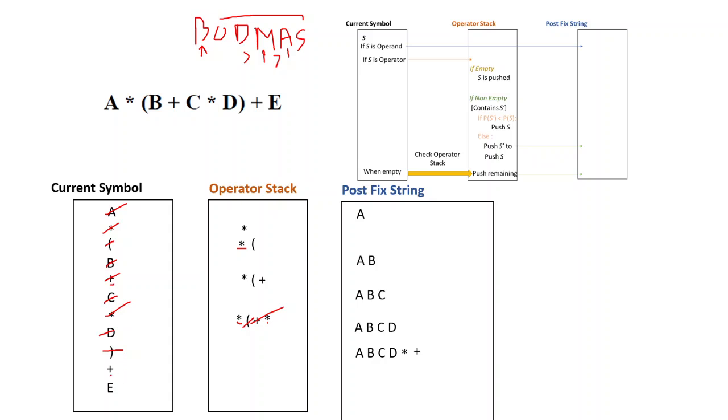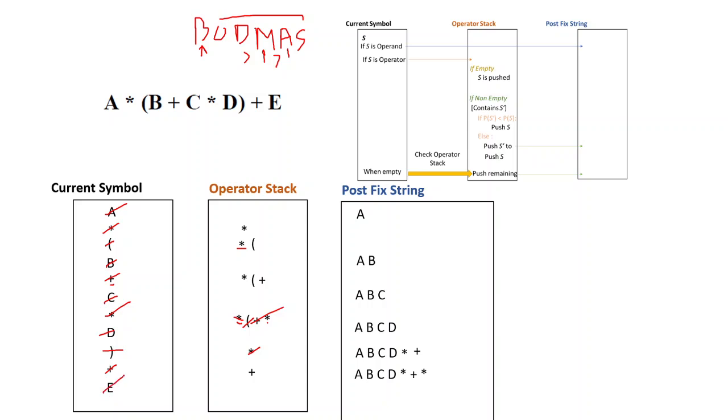So now is addition. Addition stands here. This is a normal addition without any braces, so addition obviously has a lesser precedence than multiplication. So first we will need to push multiplication to this side, and now your postfix string looks like this, and then we will be pushing addition to the operator stack.